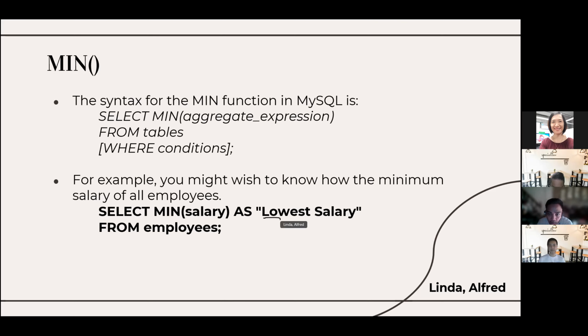This is the command, but we really don't have the result, since we don't have a shown table. But just for you to fully understand, let's say we have 5,000, 4,000, 3,000, and 2,000 in a column of salary.